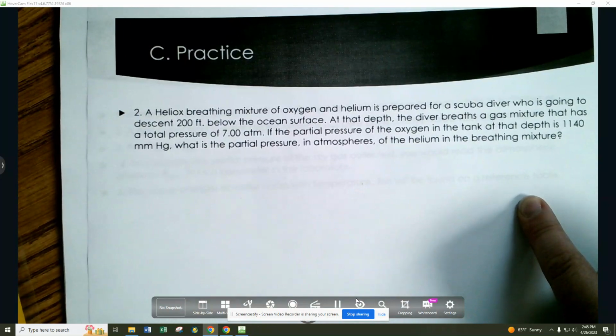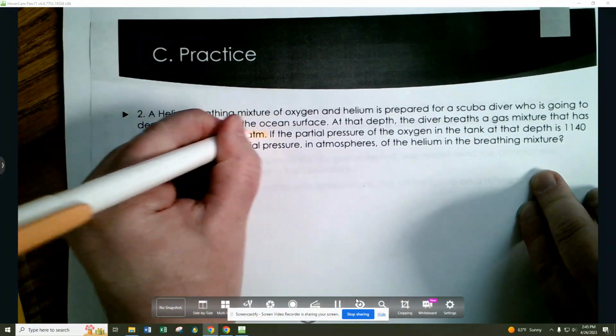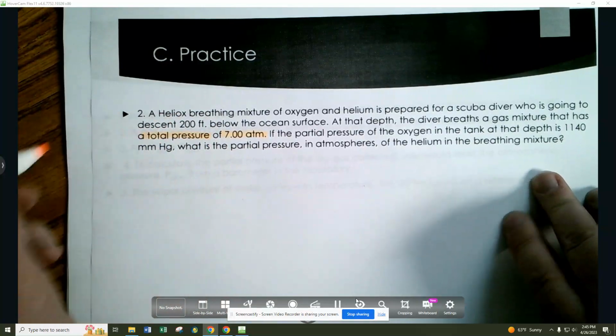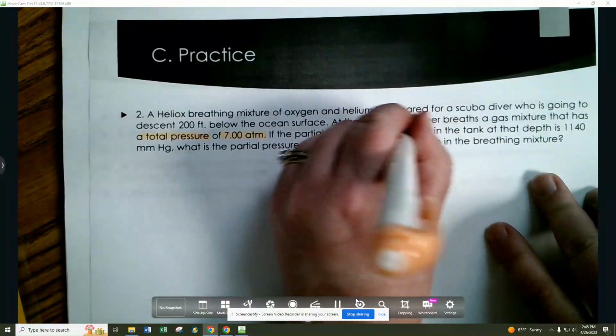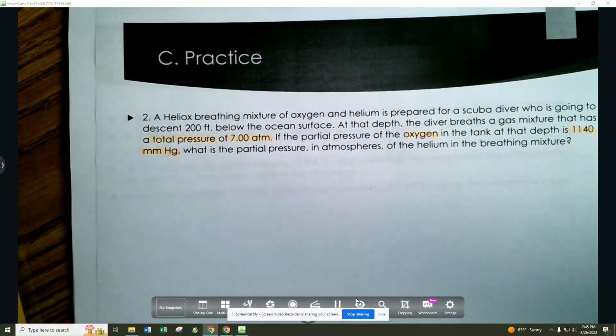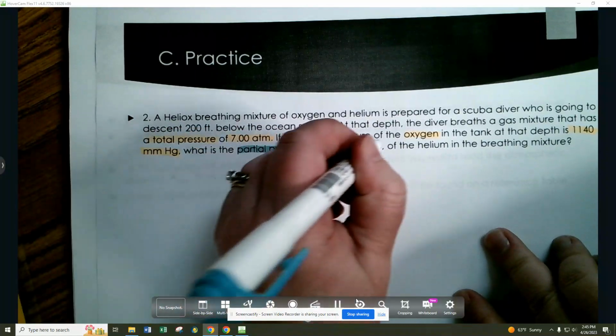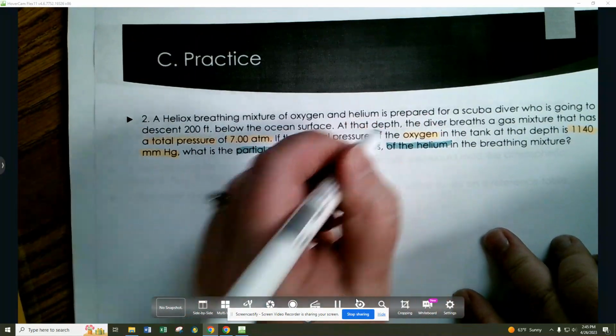From this, we know that total pressure is 7 atmospheres, and the oxygen is supplying 1,140 millimeters of mercury. It's asking for the partial pressure, in atmospheres, of helium.